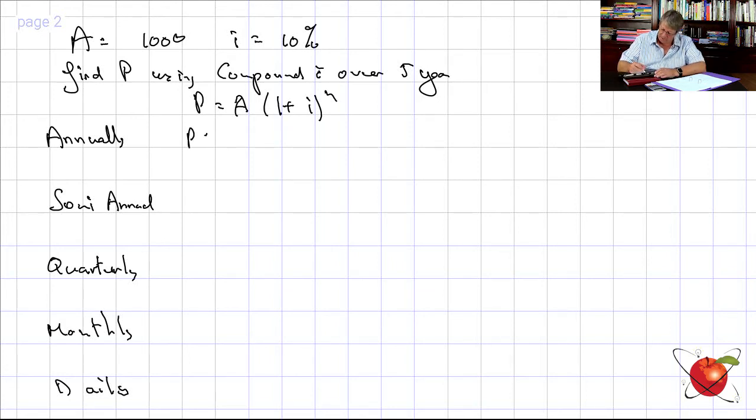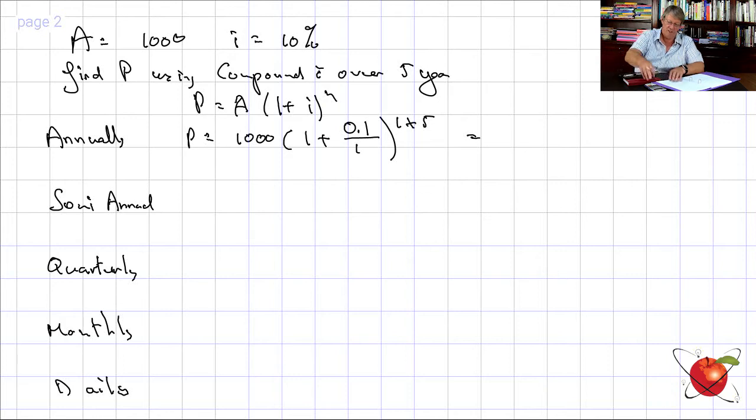Therefore, over here, P is going to be 1,000 times 1 plus I, which is 10%, which is 0.1, 10 over 100. There's my decimal, divided by 1, and 1 times 5. And I end up with a number, and we can work that out. Let me do it. I didn't work that one out.